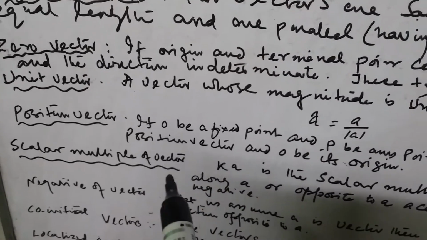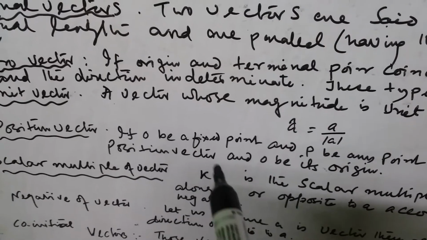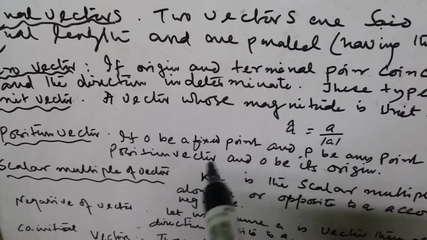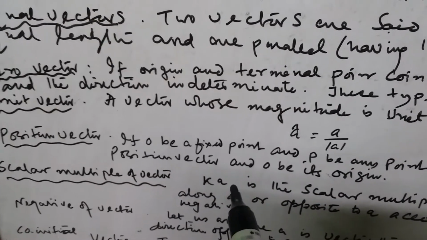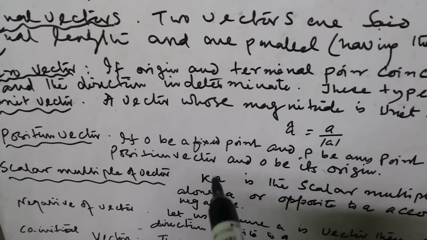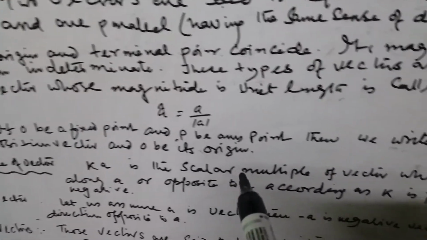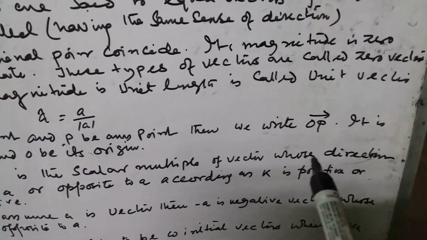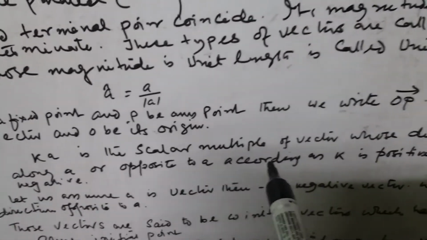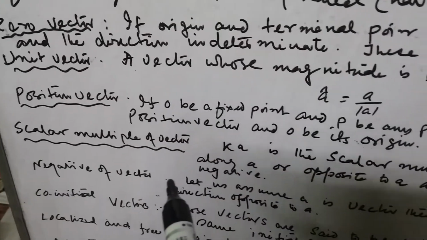Scalar multiple. If you multiply a vector a with a scalar k, that is a scalar multiple. Its direction is the same as a when k is positive, and opposite to a when k is negative. k a is a scalar multiple of the vector whose direction is along a or opposite according to k being positive or negative.